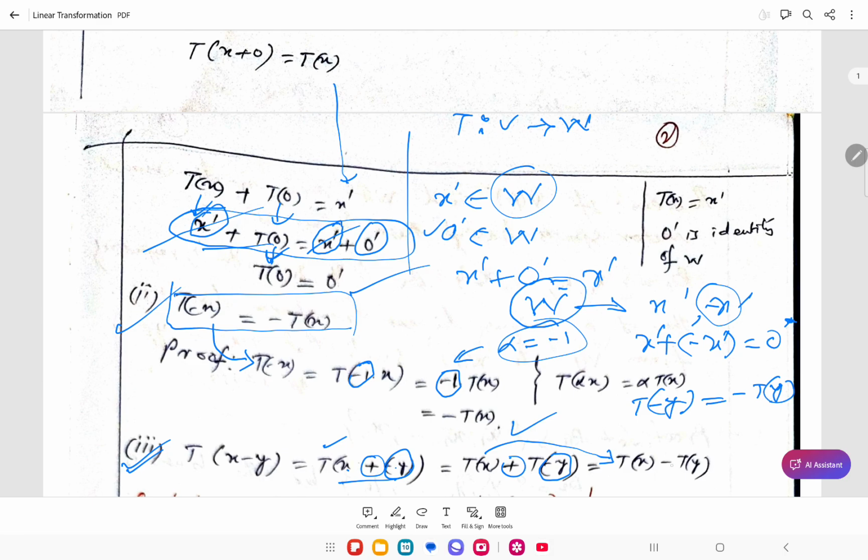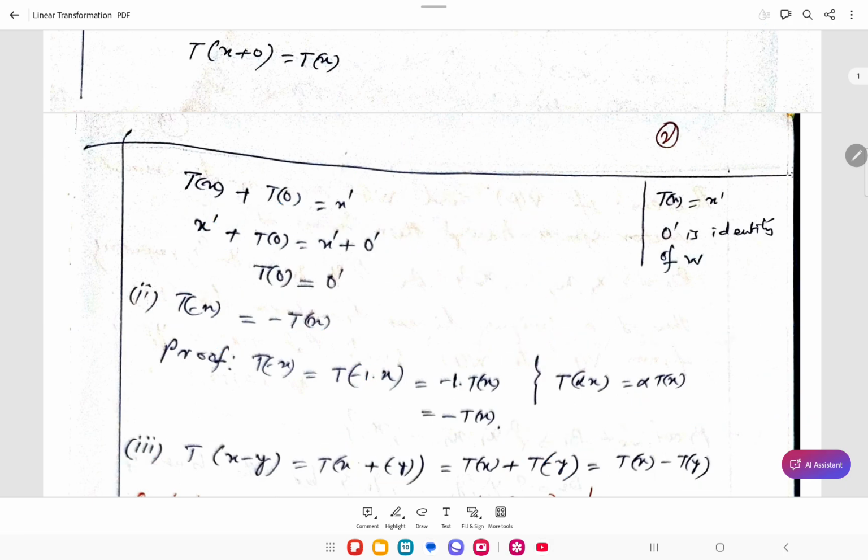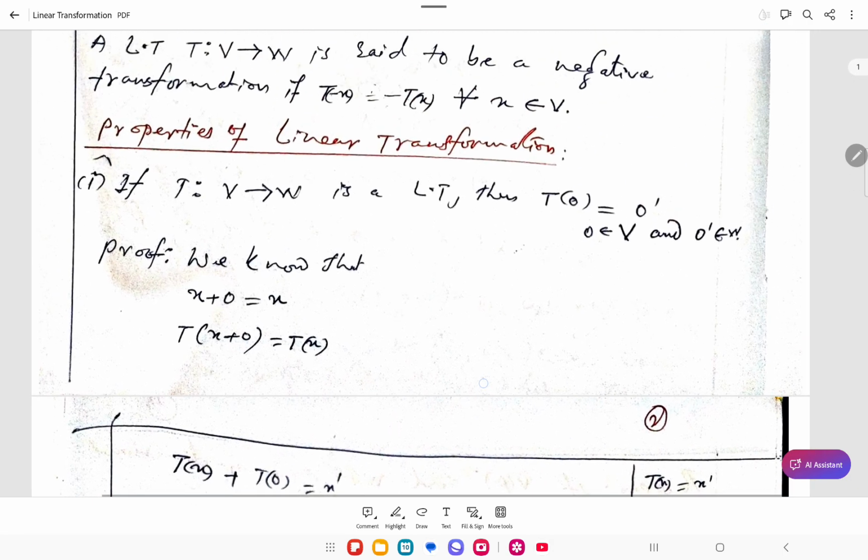So from here it will be T of x plus minus T of y, that is, T of x minus T of y, which is this one. So it is proved. These are some simple properties that I wanted to discuss. So we'll stop here.